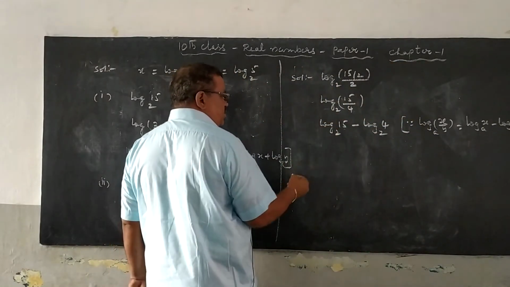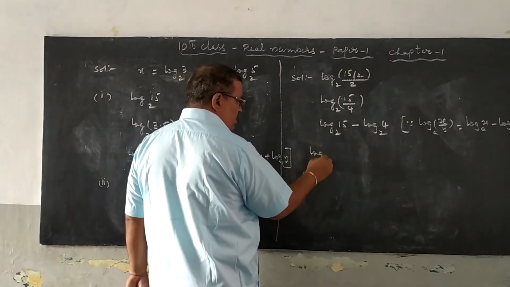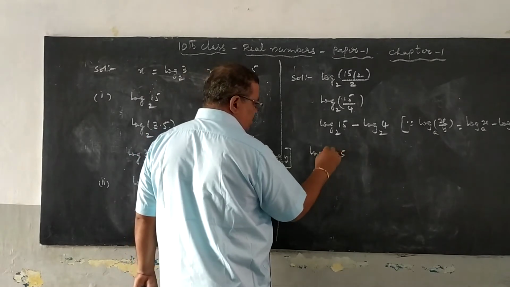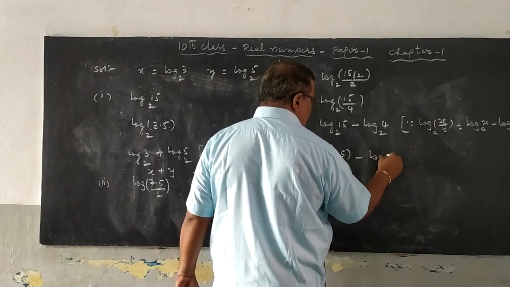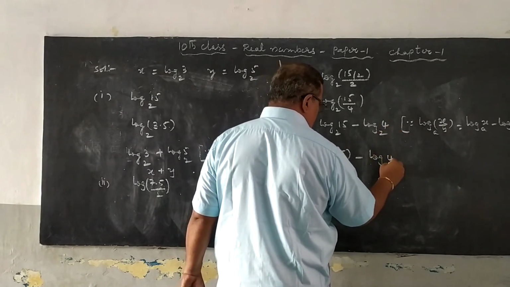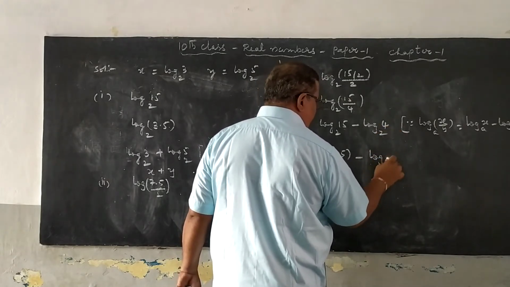So log 15 base 2 is log 3 into 5 base 2 minus log 4 base 2. 4 can be written as 2 square.